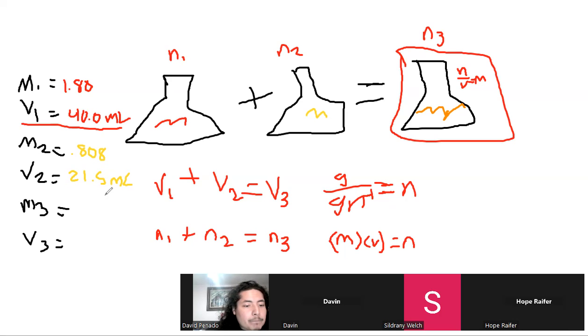So I got 0.072 for the moles of solution one.